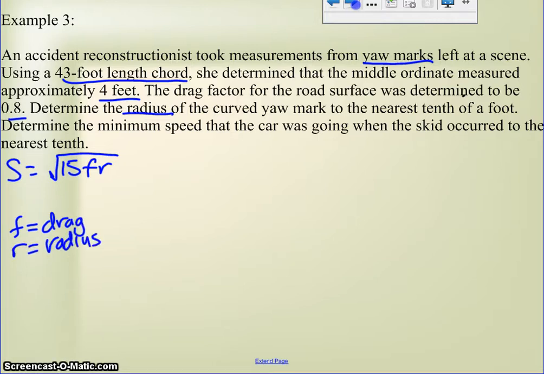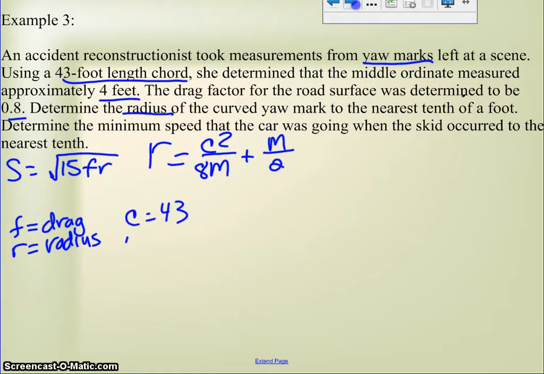But first we have to find the radius, and in order to find the radius, that is the cord squared divided by 8m plus the middle ordinate, which is m, divided by 2. So we know that the cord equals 43, and we know that the middle ordinate equals 4. So plugging that in, I've got 43 squared divided by 8 times 4 plus 4 divided by 2.